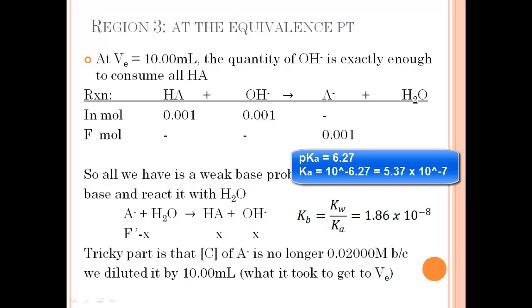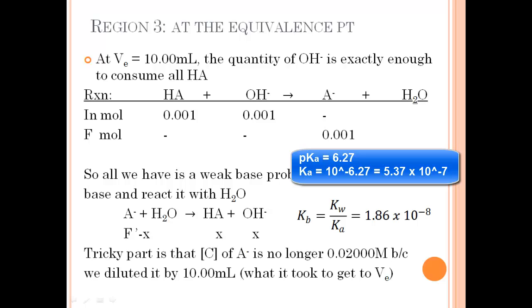If you take your pKa, which was 6.27, you convert that to Ka, which of course means raising 10 to the negative 6.27, that'll give you 5.37 times 10 to the negative 7. But then if you convert that to Kb, you should get what you see on the screen here, 1.86 times 10 to the negative 8.